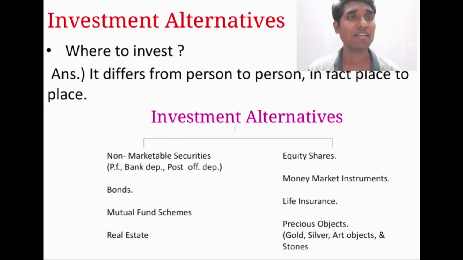Whatever it is, it is called an investment. I am not restricting the investment alternatives to the avenues mentioned here. There are many, but I have mentioned a few of them.